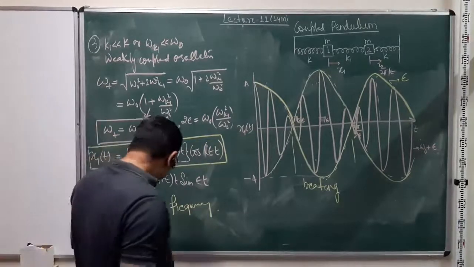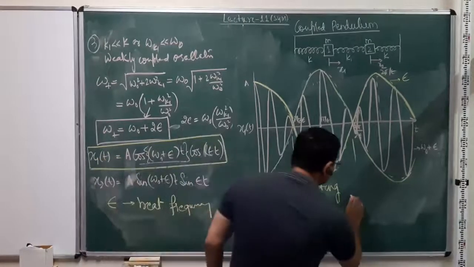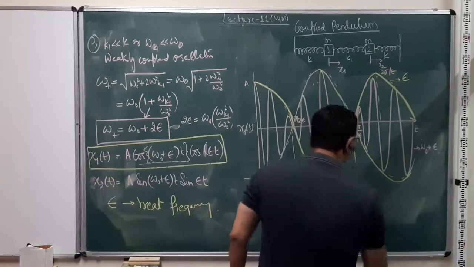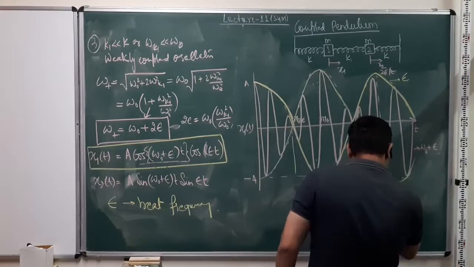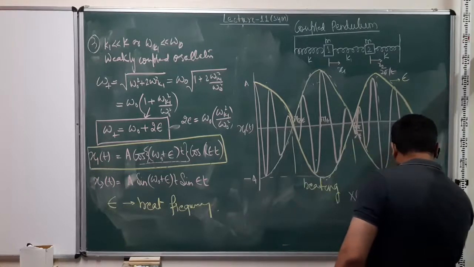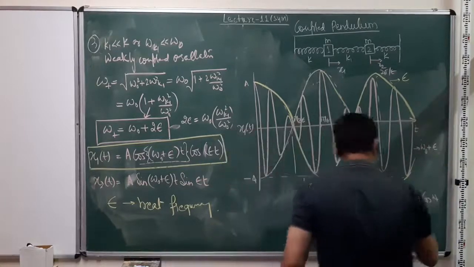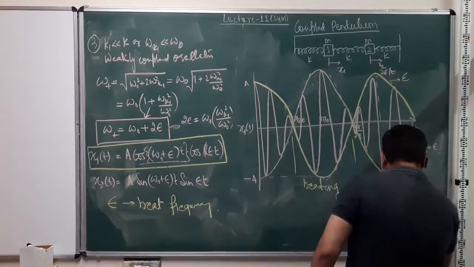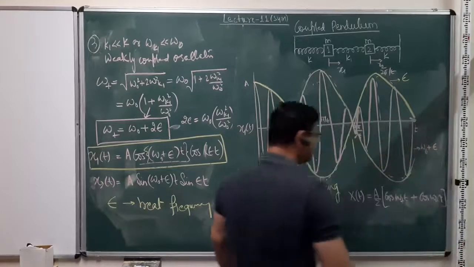And the beating is happening because if you look at the solution, our normal coordinate or independent coordinate solution x of t, what we had was something like cosine of omega plus t plus cosine of omega minus t, right?